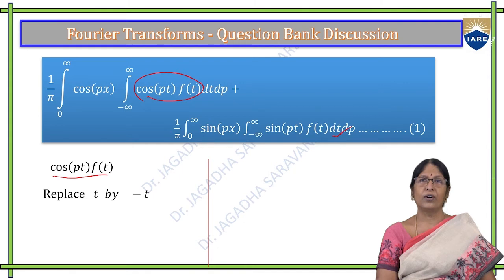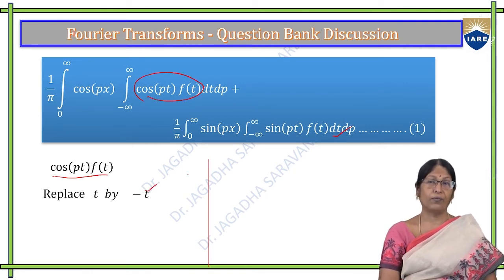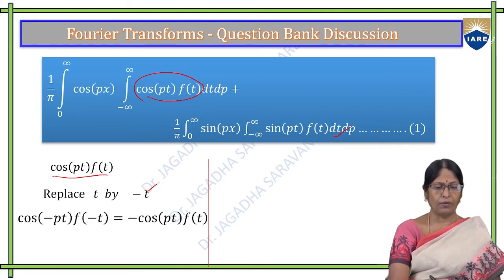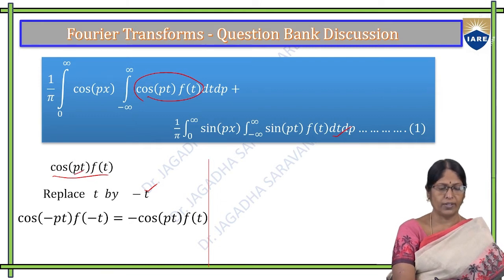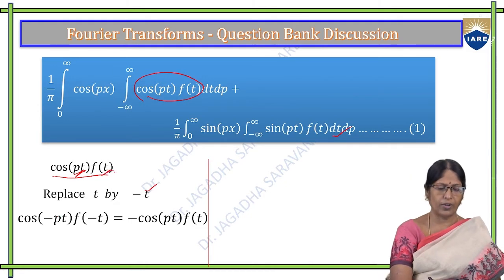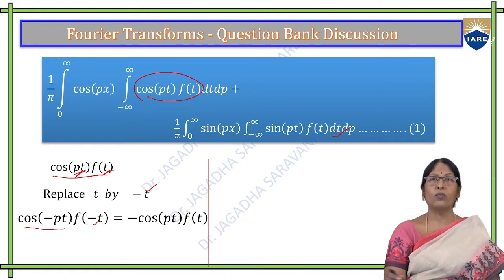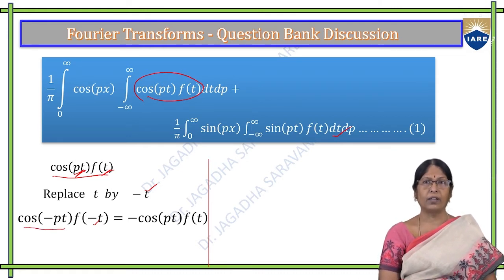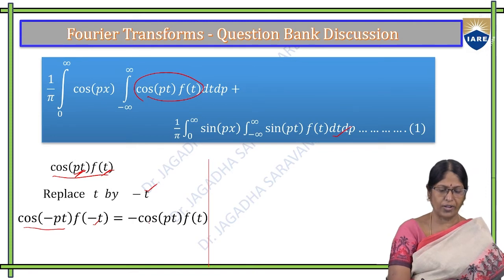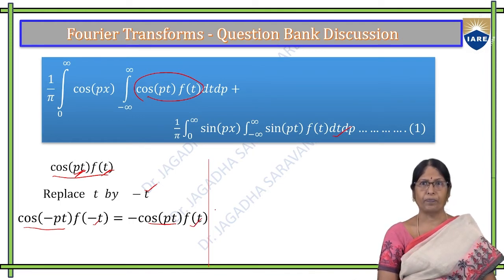To test that, we replace t by minus t, wherever t is there. So here we get cos(−pt). But we know cos of minus theta is nothing but cos theta, so there is no change. Whereas f(−t) is written as minus f(t).